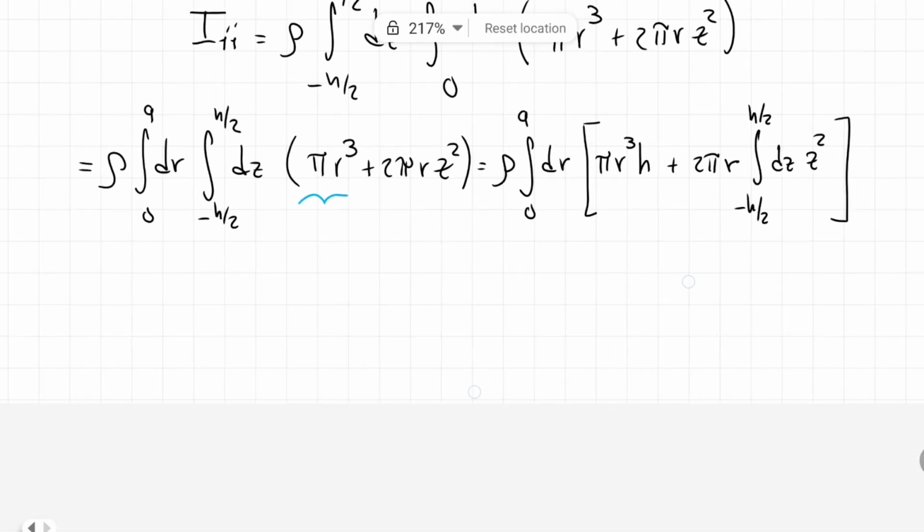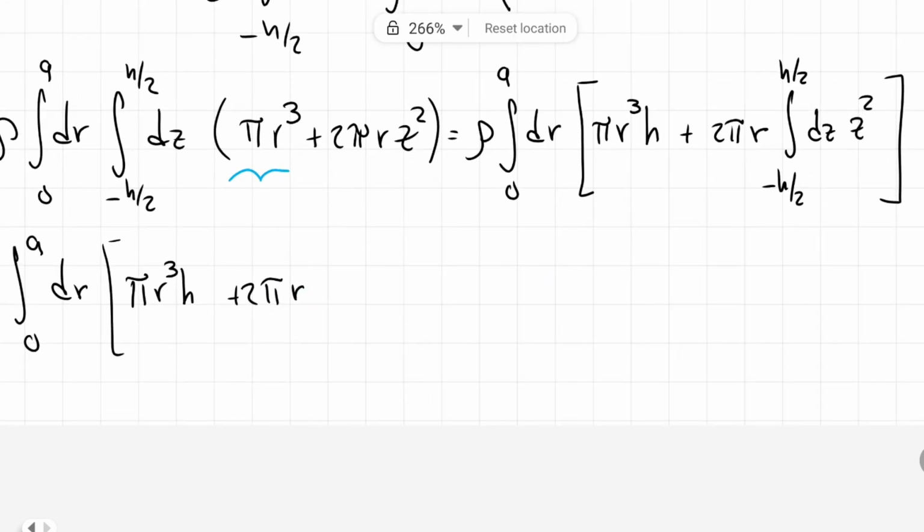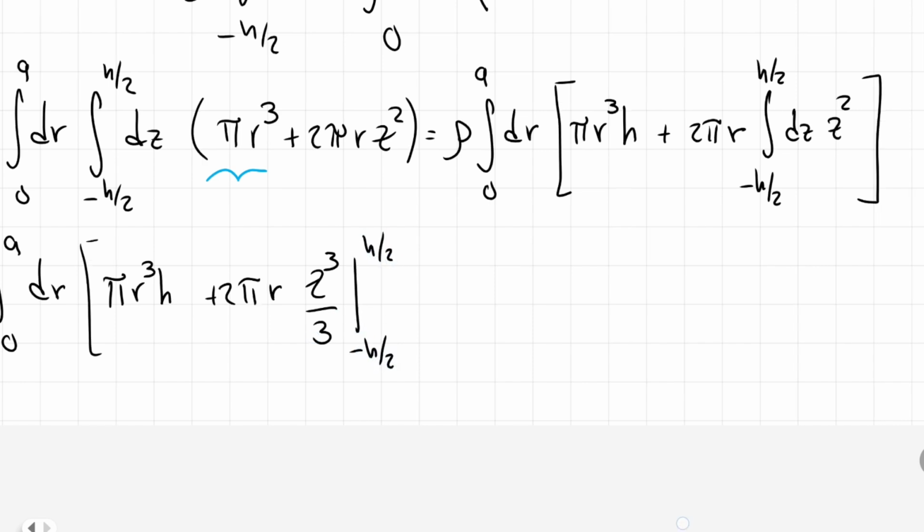Okay, so if we keep working on this, we are going to get the density, the integral from 0 to a dr, and then pi r cubed h plus 2 pi r, and here we are going to get z cubed over 3 from minus h over 2 to h over 2.